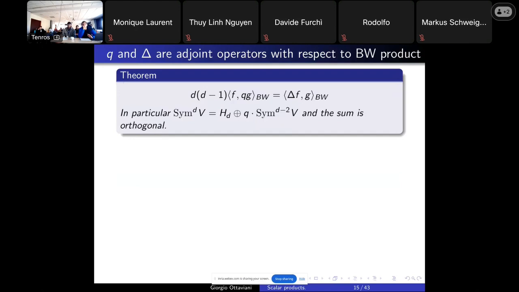And now, of course, as a consequence, you get a thing well known in functional analysis: the quadric Q and the Laplacian are adjoint, in the sense that in a scalar product, if you have a Q on the right, you can put it on the left and it becomes a derivative.